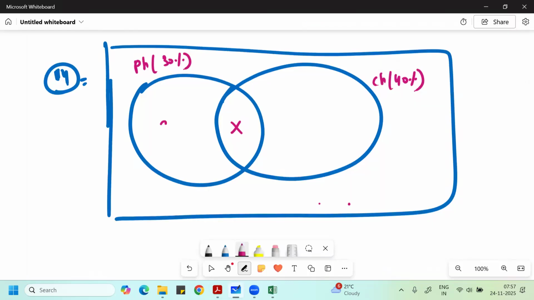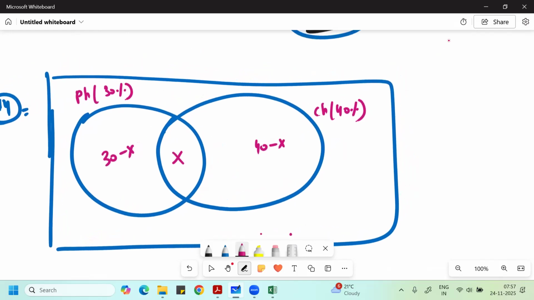So 50%, so 30 minus X, this is 40 minus X, and the sum of this is 50. So this is 30 plus 40 minus X, it is 50. So X is equal to 20. So 20% of students failed in both the subjects.